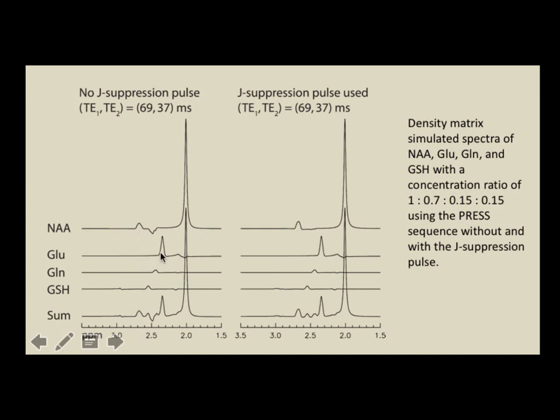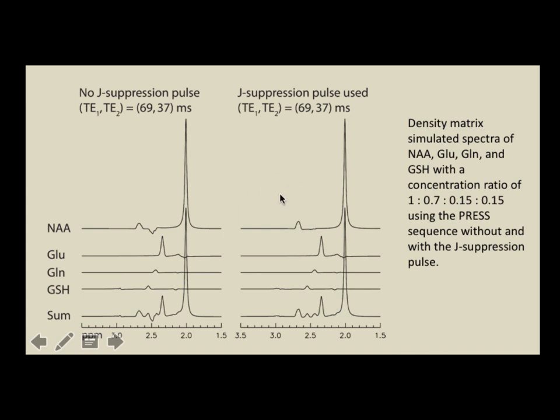You can see the glutamate peak is at 2.35 ppm, the glutamine at 2.45, glutathione at 2.55. If we sum them up, we can't really see the glutamine and the glutathione peaks because the big signals from the NAA overlap with them.